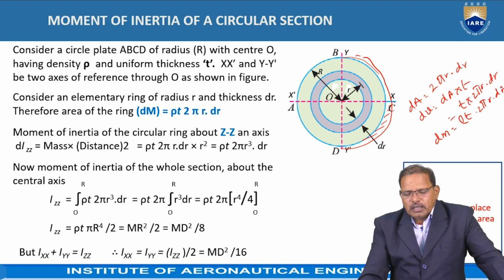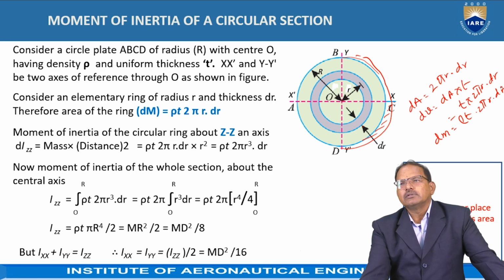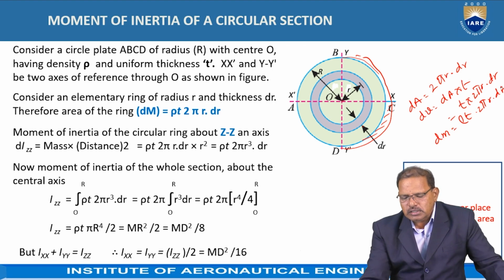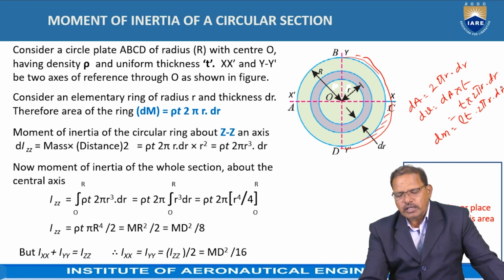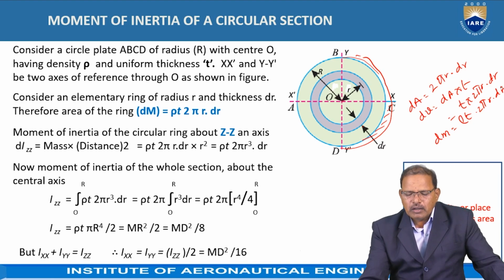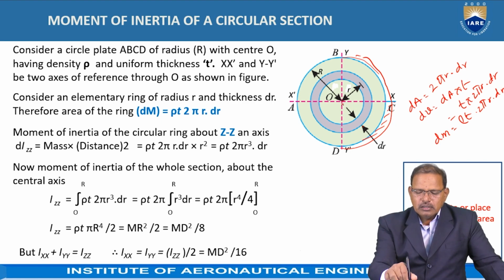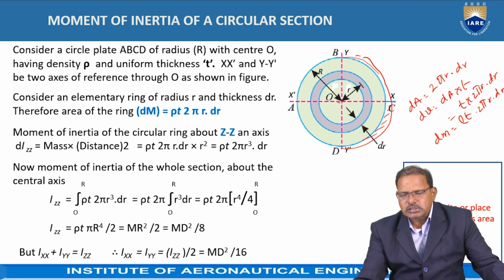Here the diametrical axes are the axes passing through the centroid, that is the x-axis and y-axis. Since the section is symmetrical about the x-axis and y-axis, the moment of inertia of the circular plate about the x-axis is also equal to that about the y-axis. But here we are taking the moment of inertia about an axis passing through the centroid and perpendicular to the base, that is Izz.